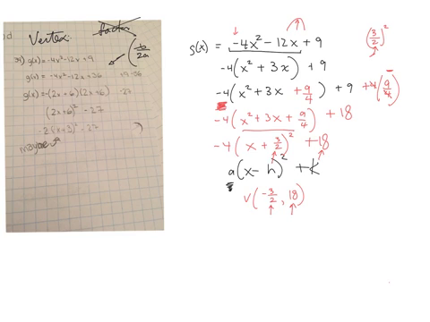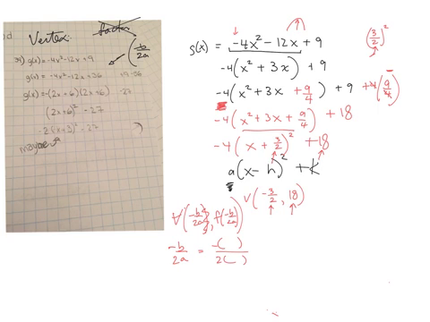So that's one way you could do it, or you can use that vertex formula. So it's minus b over 2a, and then the value of the function when you plug that in. Okay, so let's do that. So it'll be minus b over 2 times a.